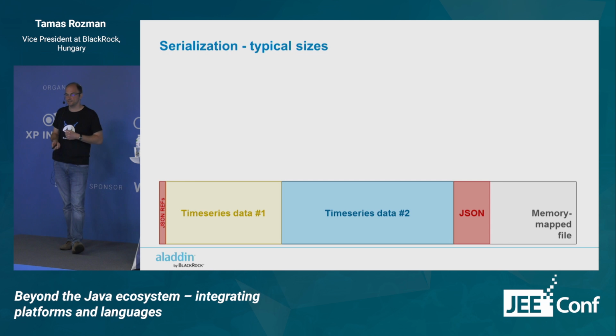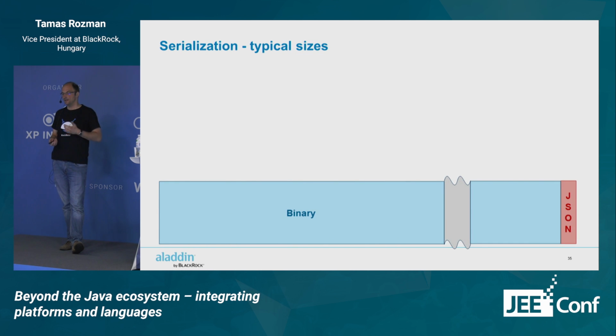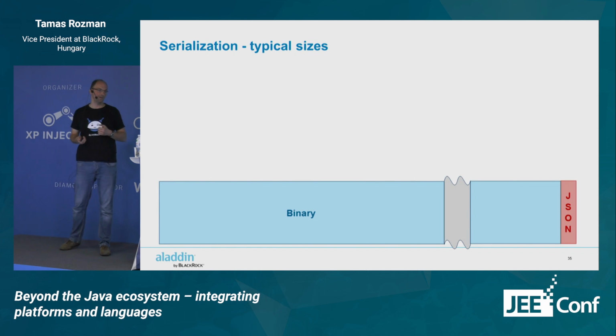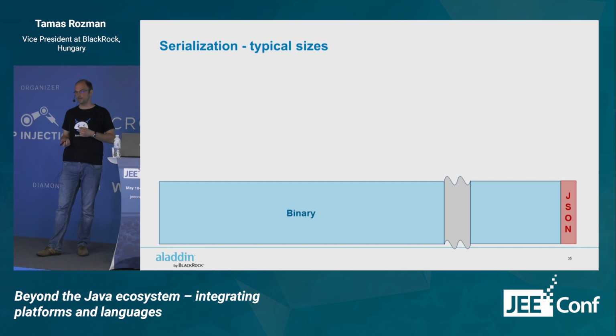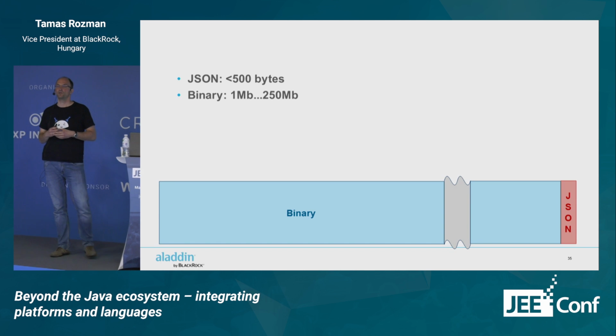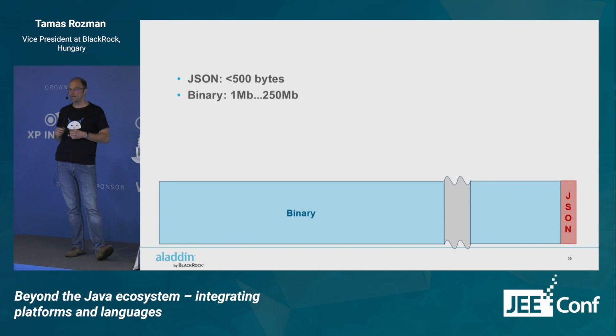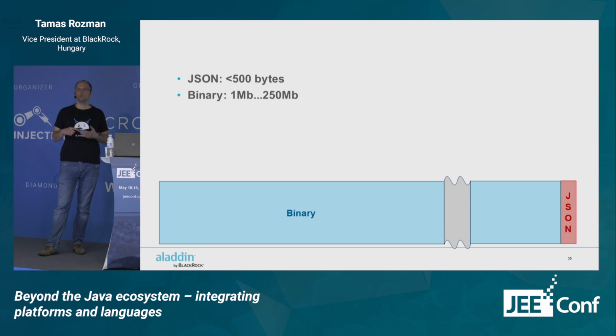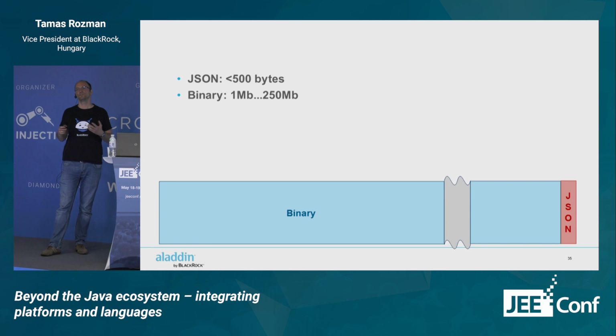All right, let's see the typical sizes. In the previous example, as I mentioned, the small data is serialized in JSON, and the JSON at the end will be around 500 bytes, while the binary time series data will be 1 megabyte to 200 or 300 megabytes. So you can see that opting for JSON for small data doesn't really add any overhead.